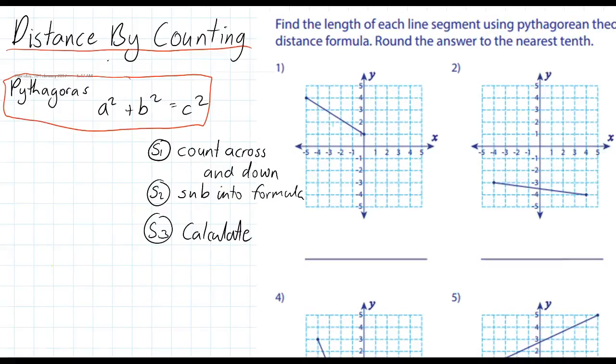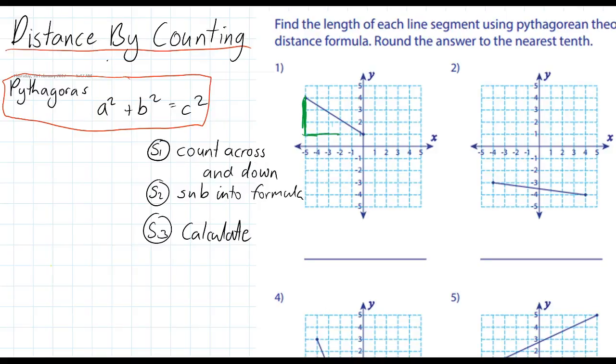The first thing you need to do is turn this line into a triangle. To do that, I'm just going to draw the sides in green. Hopefully you can see them. Just like with the gradient one, you can turn any line into a right angled triangle.